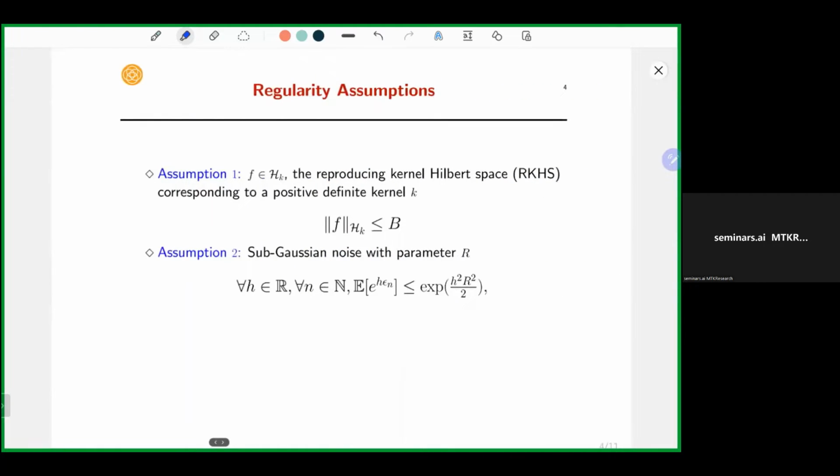So there are two main assumptions. The first assumption is that f belongs to a reproducing kernel Hilbert space of a known kernel k, or more precisely, the RKHS norm of f is upper bounded by a constant B. And the second assumption is that the observation noise is sub-Gaussian.